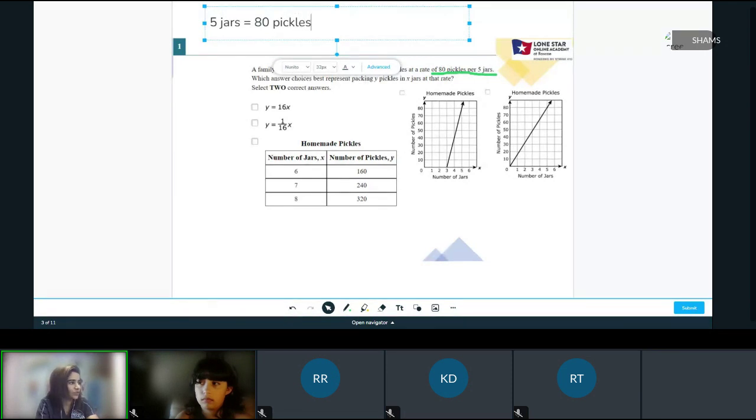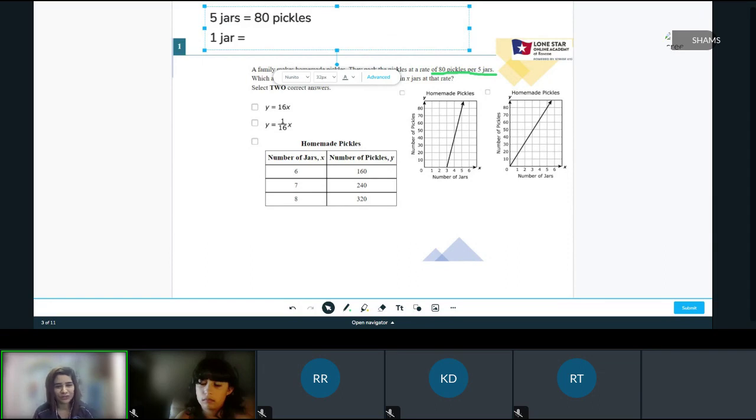You have to figure out the unit rate: for 1 jar, how many pickles? That 80 pickles per 5 jars is not the unit rate. Does anybody know how you will figure out the unit rate in this case?